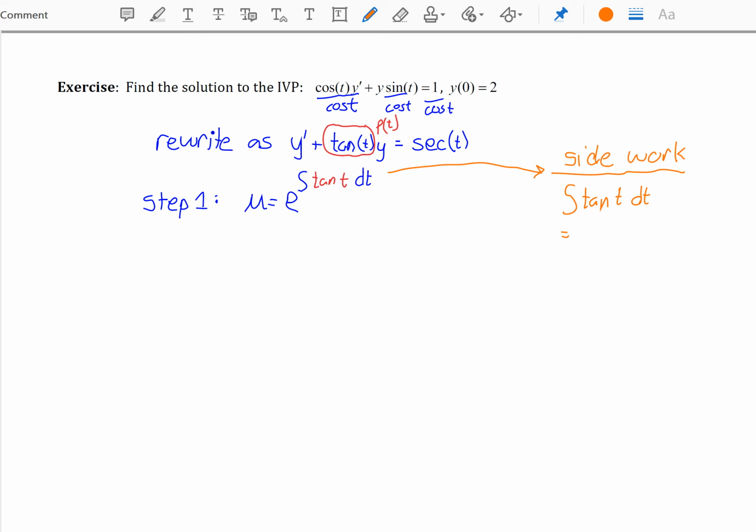One of the things that you probably remember from trigonometry, from calculus as well, is that if you're given an integral involving trig functions that you don't recognize, you may want to rewrite it in terms of sine and cosine. So remember, tangent of t is the same as sine of t over cosine of t.